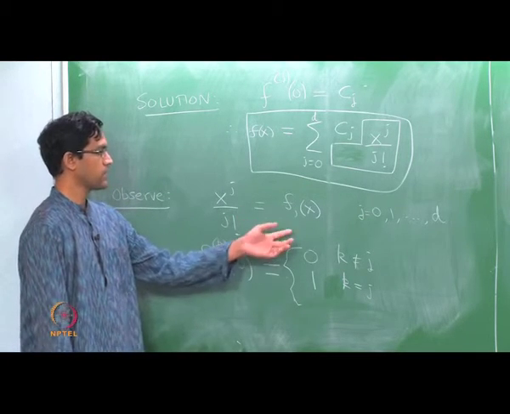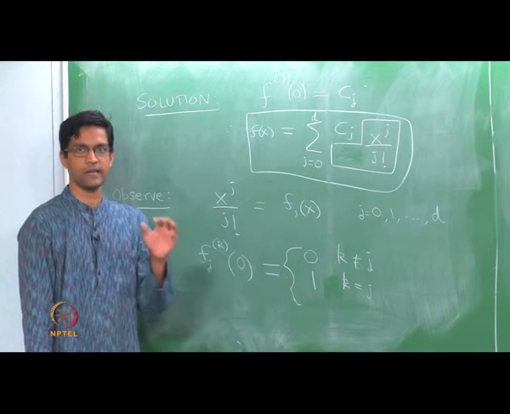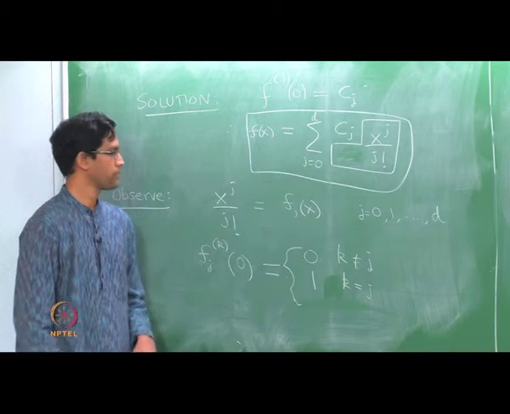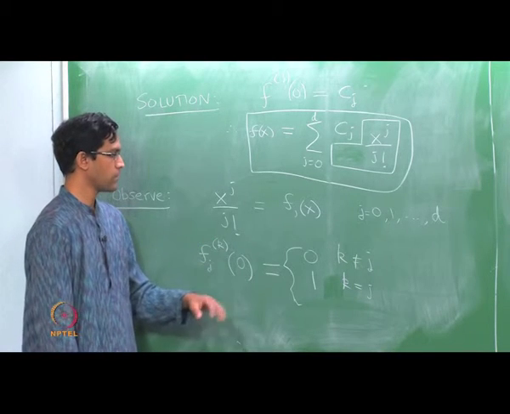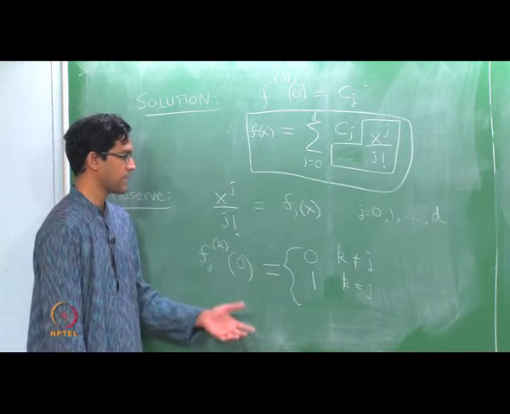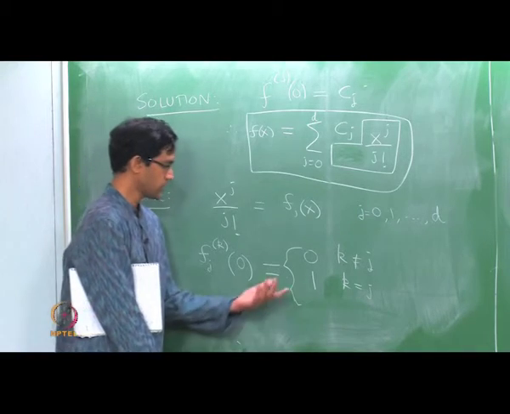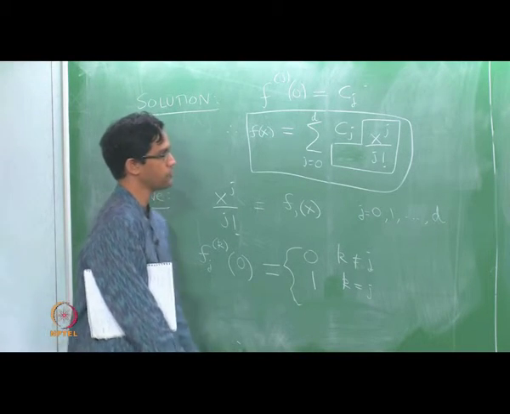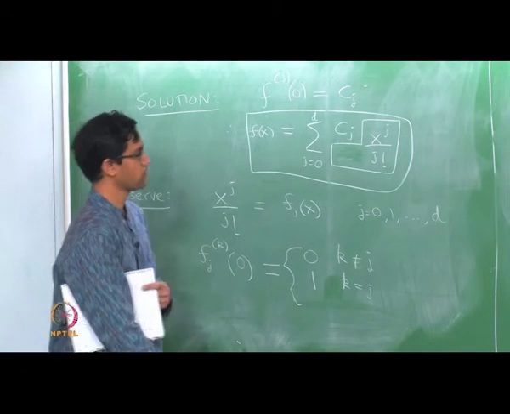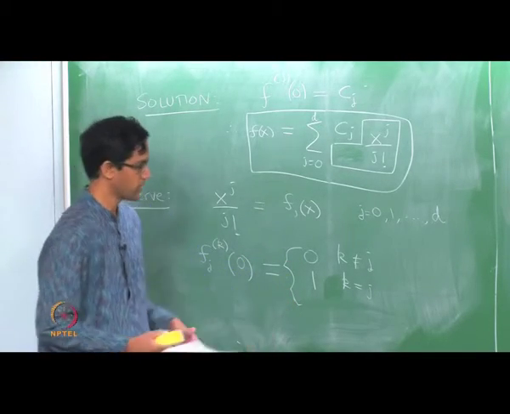Fj has the property that it is most well behaved when you take exactly j derivatives and plug in x equal to 0. When you subject it to k derivatives where k is not equal to j, the answer is always 0. So this is again the 0 1 idea in action if you wish. But here it is much simpler; it would not be particularly illuminating to go this way straight up.